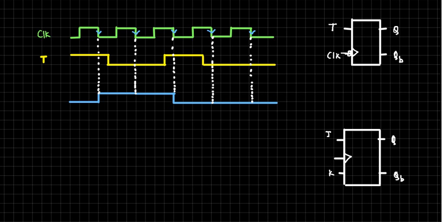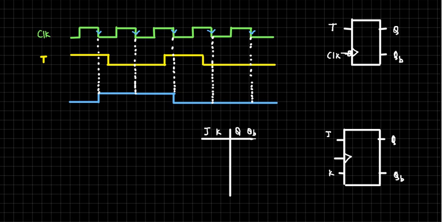When JK is 0, 0, it will retain the same value. When it is 0, 1, it will give 0. When it is 1, 0, and so on. We first, you should specify the table. So this table indicates J, K, Q, and QB.